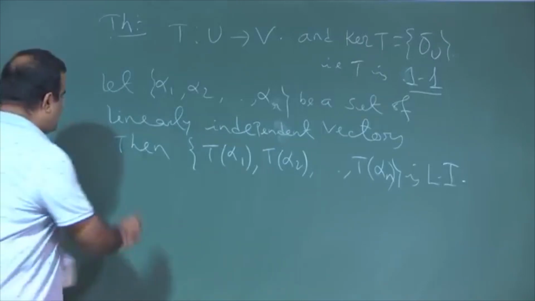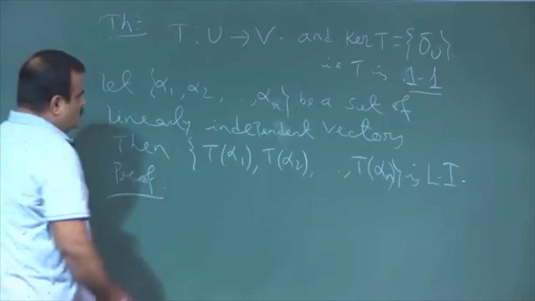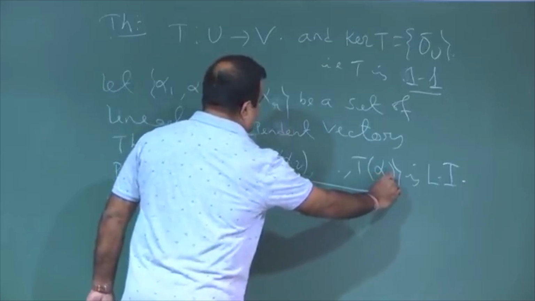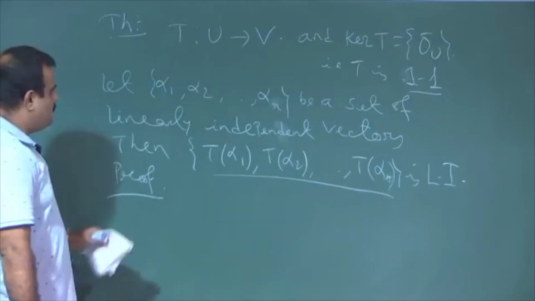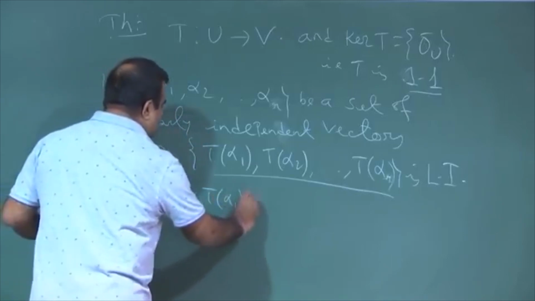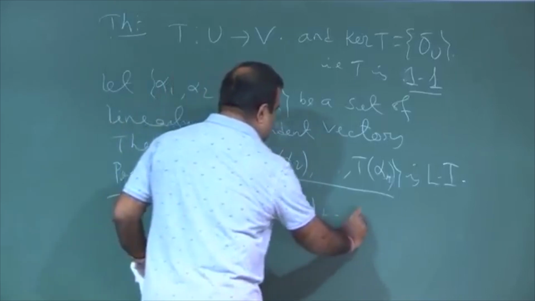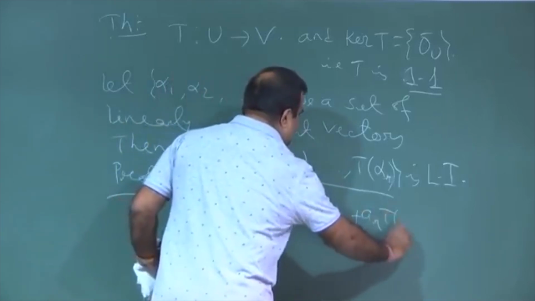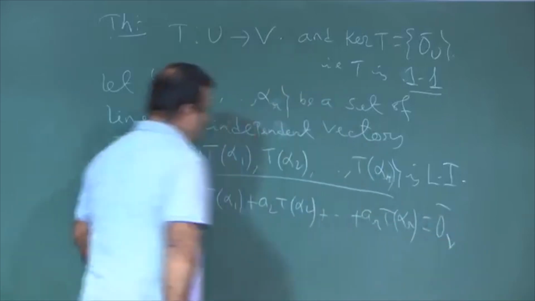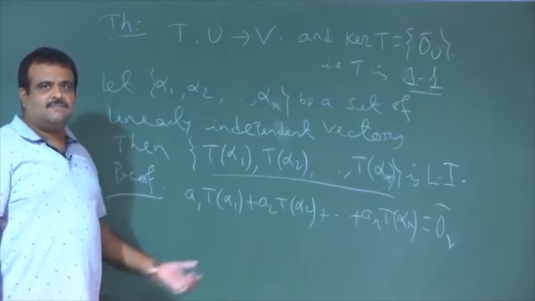So, how to prove that? To prove this is linearly independent, what do we need to show? We need to take a 1 T of alpha 1 plus a 2 T of alpha 2 plus up to a r T of alpha r to be the 0 vector in V, and now we need to show that all these a i's must be 0.